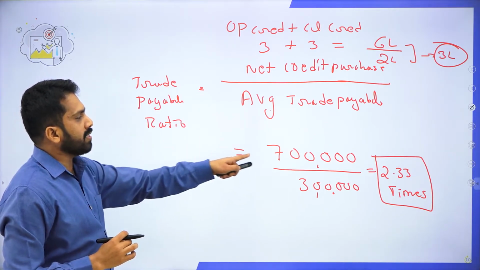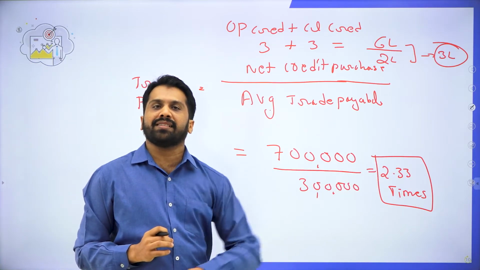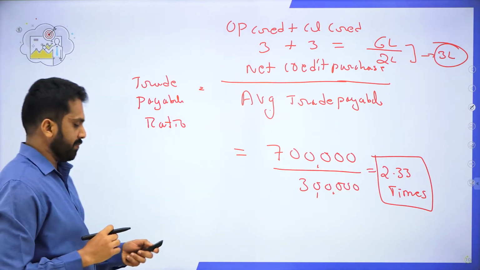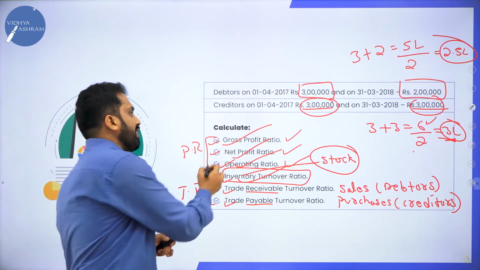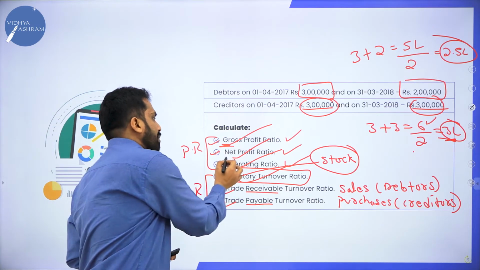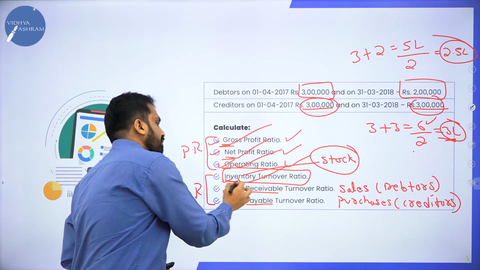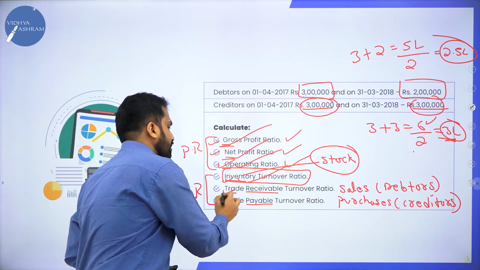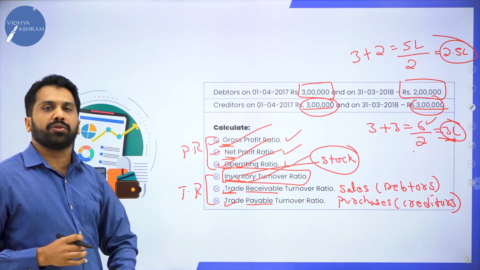So what is the answer of your trade payable ratio? It is 2.33 times. Now we completed gross profit, we completed net profit, we completed operating, inventory turnover is over, trade receivable over, and I worked out trade payable ratio also.